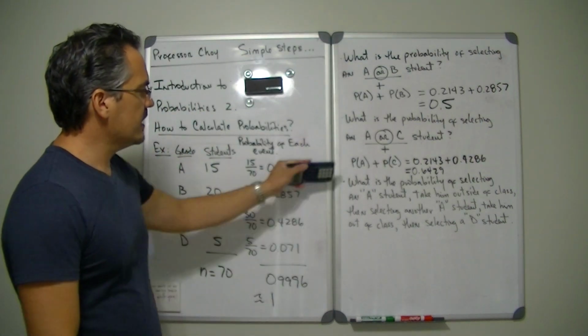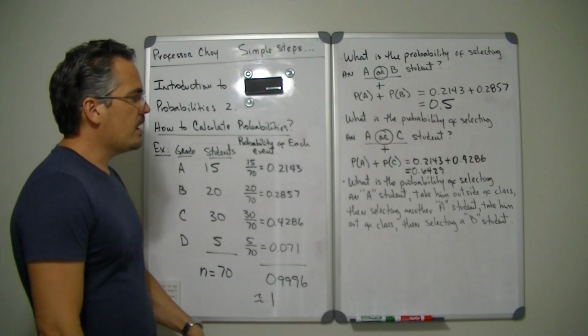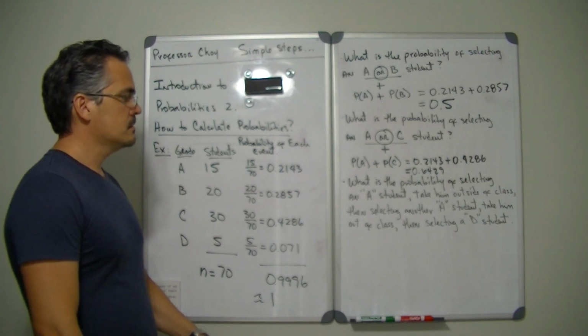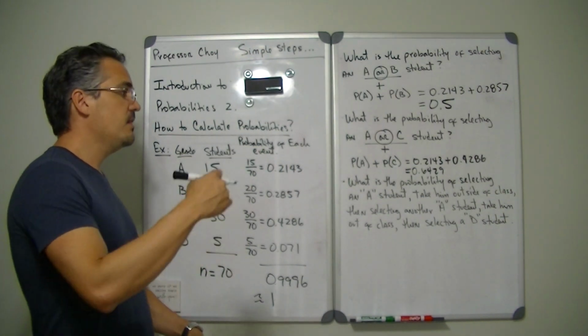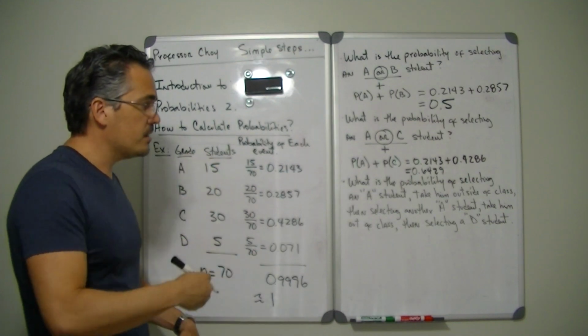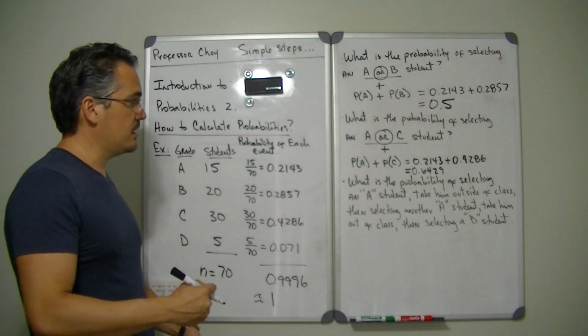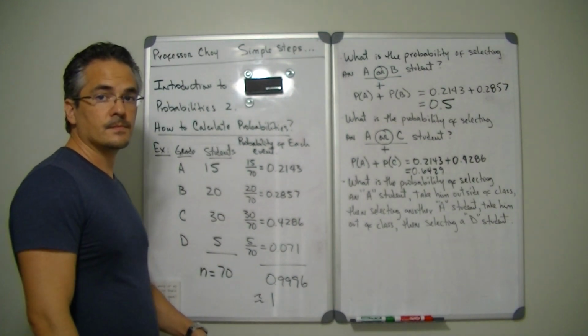Alright, now this one gets a little bit more complicated. So, what is the probability of selecting an A student, taking him outside of the class, then selecting another A student, taking that student outside of the class, and then selecting a D student? Alright?